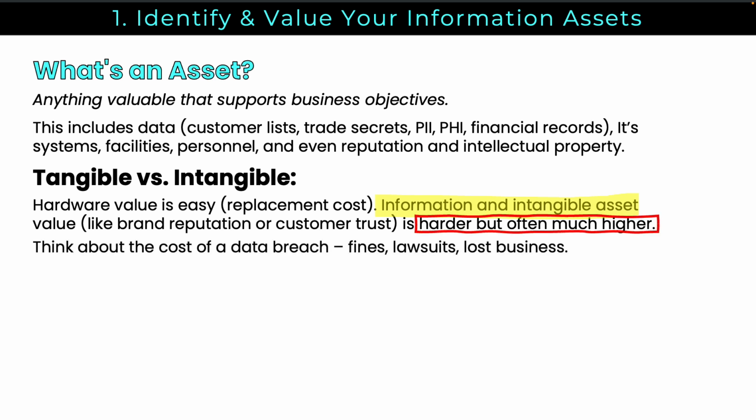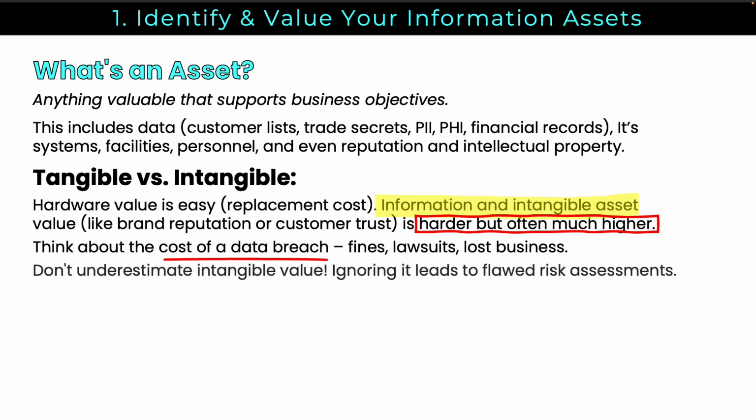It's harder to come to that figure, but it's a high dollar value. Think about the cost of a data breach, for example: the fines, the lawsuits, the lost business, the loss of customer trust that may be difficult, if ever, to regain. Don't underestimate intangible value. Ignoring it leads to flawed risk assessments.